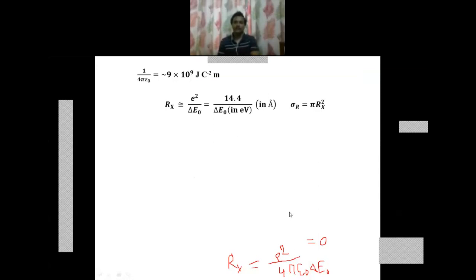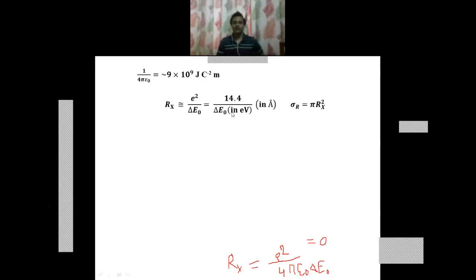So that is basically this one, right? Here we are taking this 1 by 4 pi epsilon value as approximately this value, depending on the epsilon 0 value. This is in joule coulomb inverse square and meter, right? Now if you replace this in this relation, approximately you are going to get something like 14.4 divided by delta E 0.